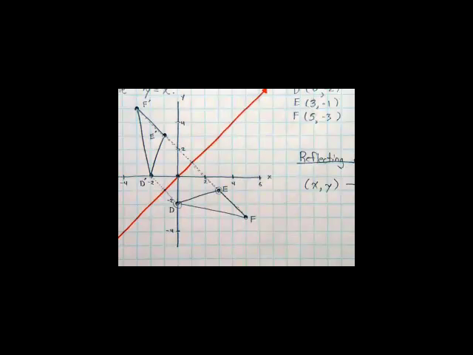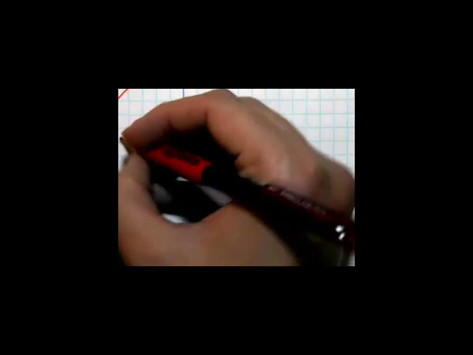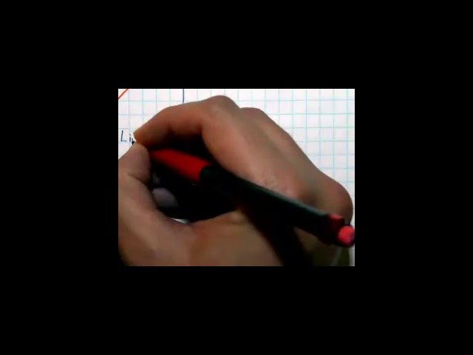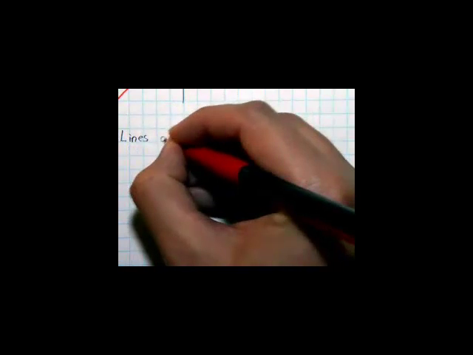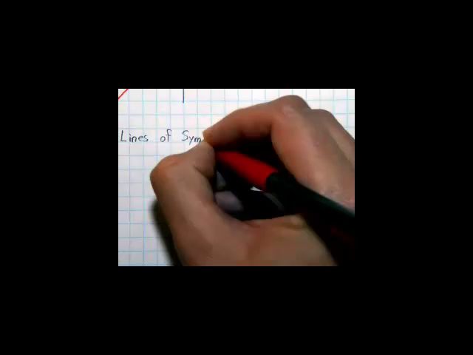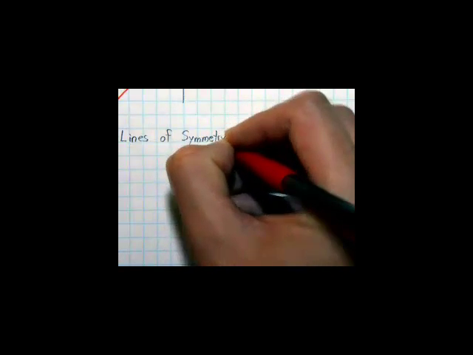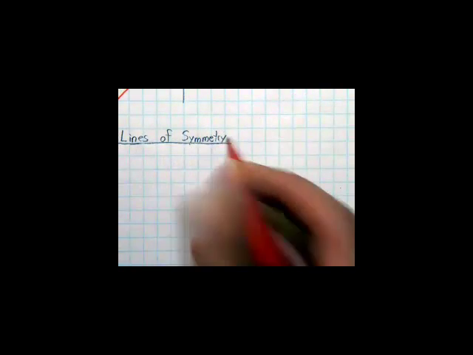Okay. Then the last thing I want to talk about here would be lines of symmetry, which I think you guys have a pretty good intuitive sense. So those at the end of your last assignment where it said, does the figure have a line where you could fold it like a piece of paper and it would fold right on top of itself?